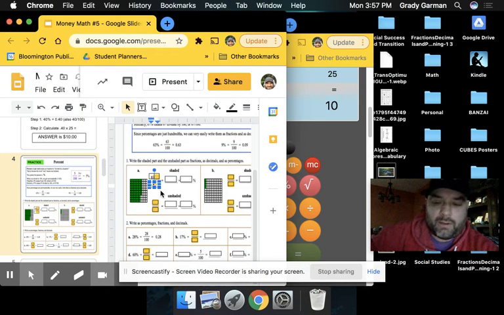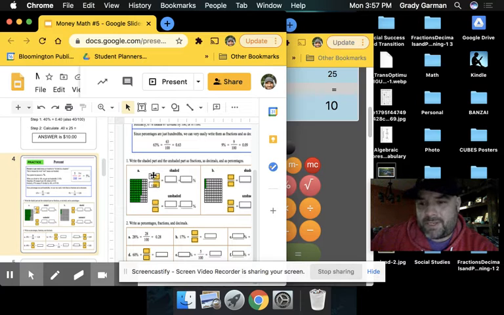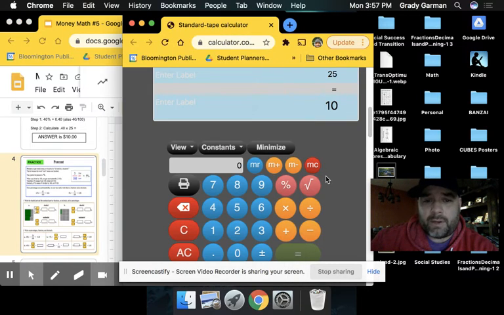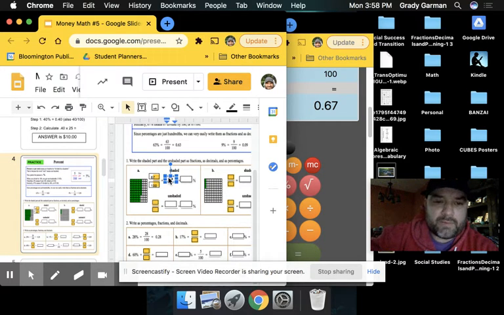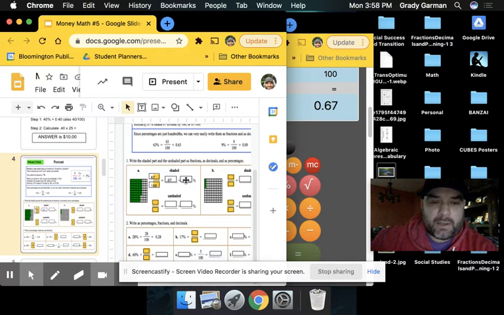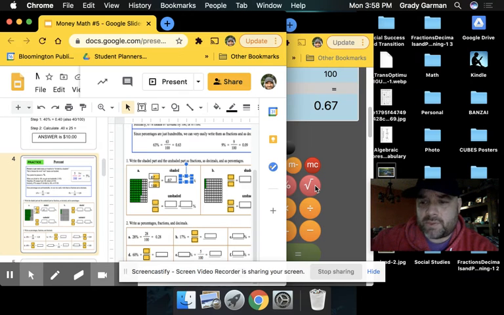Over 100. 67 over 100. I'm just going to use my calculator. 67 divided by 100 equals 0.67. So I'm going to go back here and write 0.67. That's my decimal. And then my percentage, again, is 67%. I don't use a decimal in that percentage, 67%.